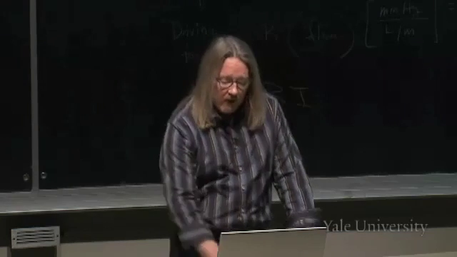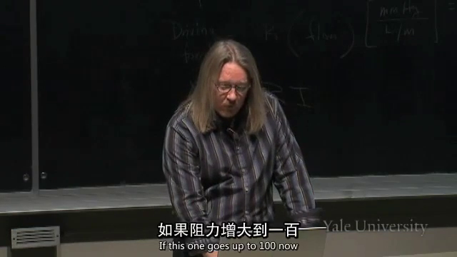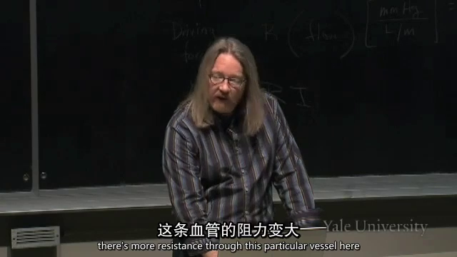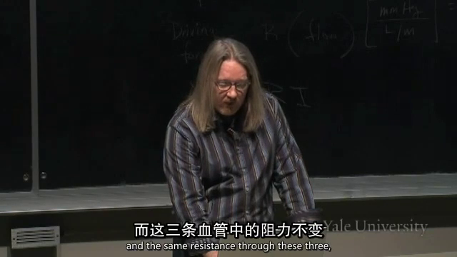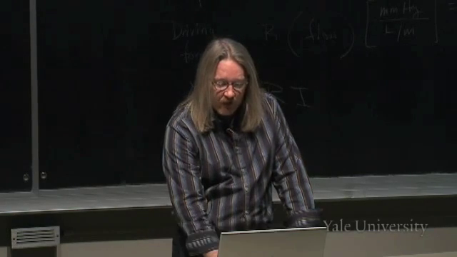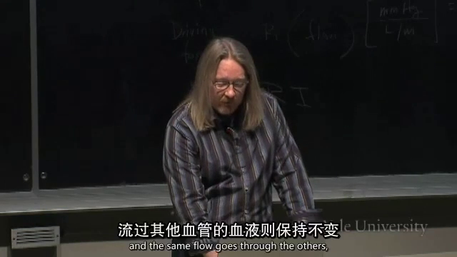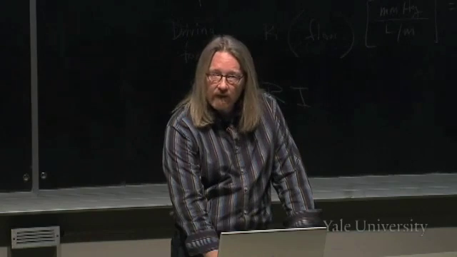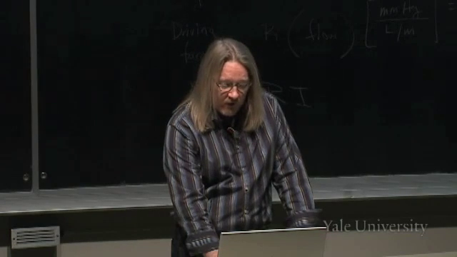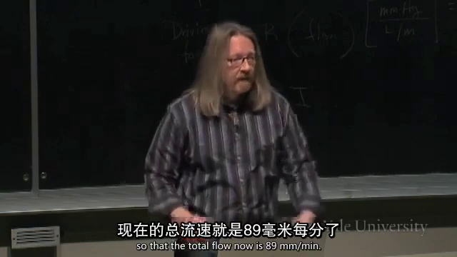If this one goes up to 100, now there's more resistance through this particular vessel, and the same resistance through these 3. So what happens? Less flow goes through this vessel, and the same flow goes through the others. So that the total flow now is 89 milliliters per minute.